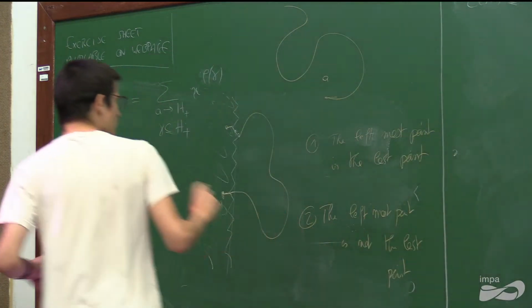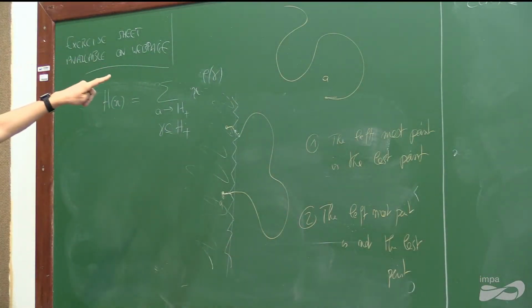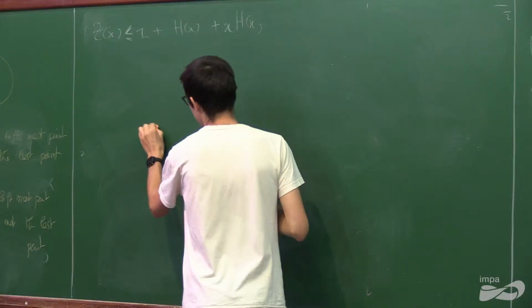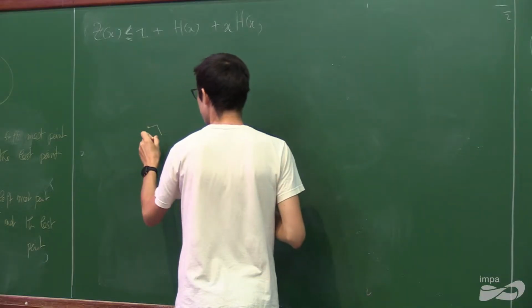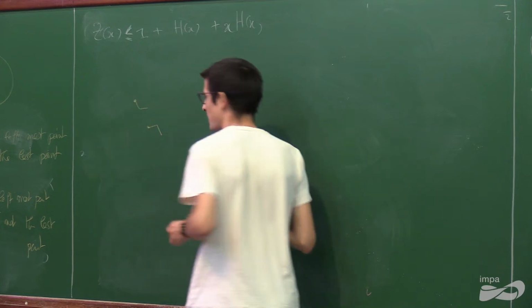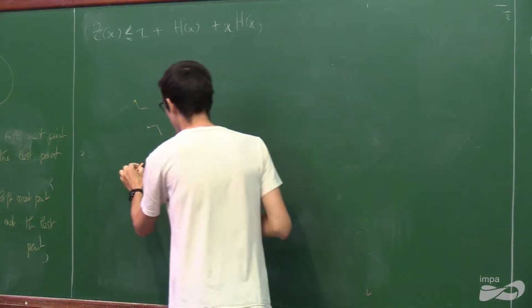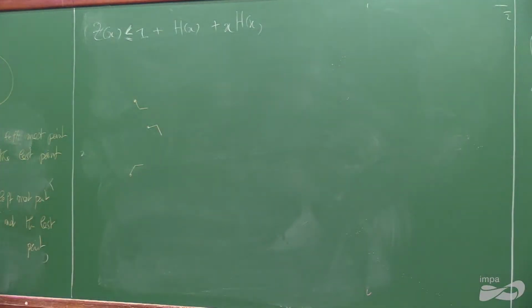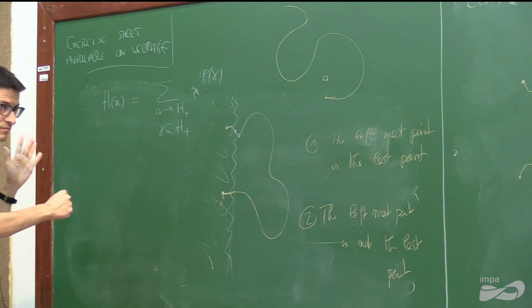Okay, so if the leftmost point is the last point, this means that I end up with either this step or this step, because these are the only steps that go left.